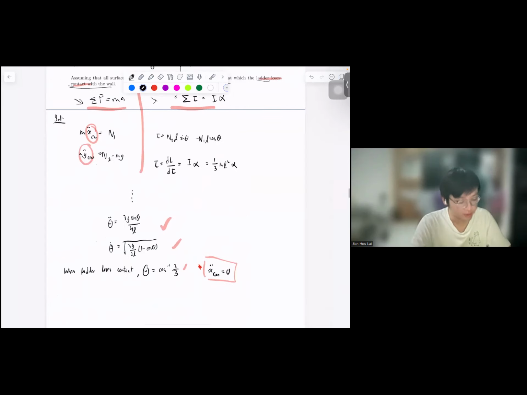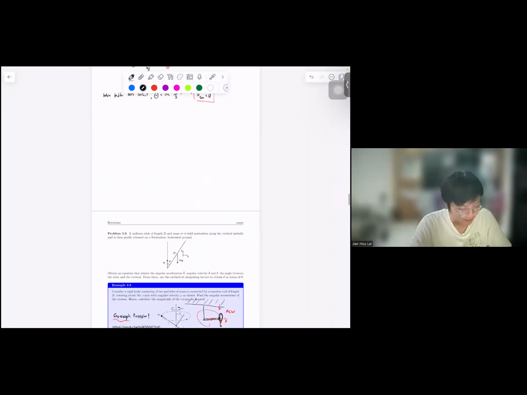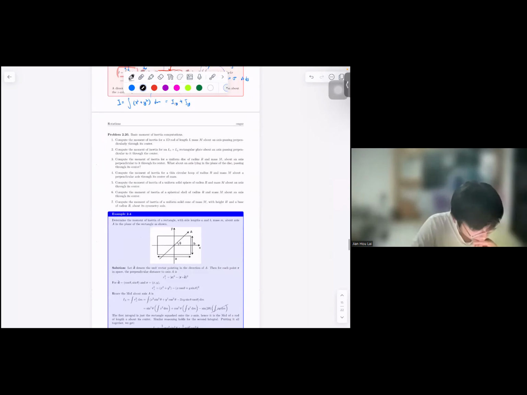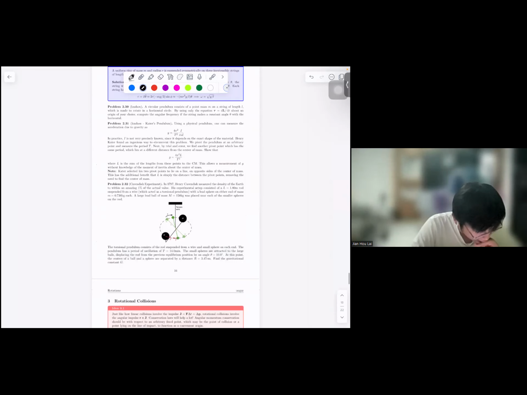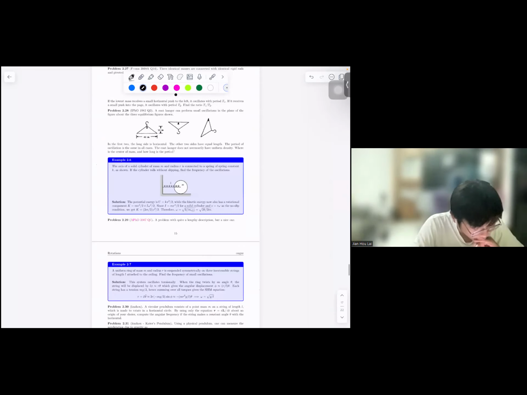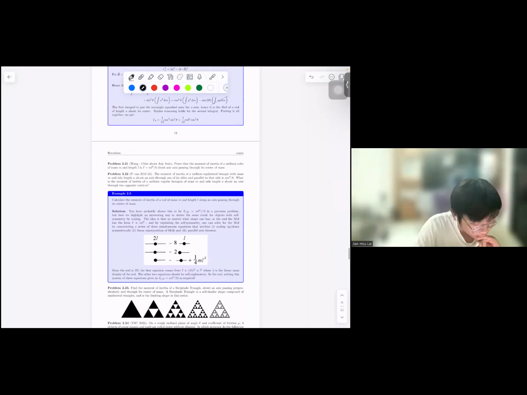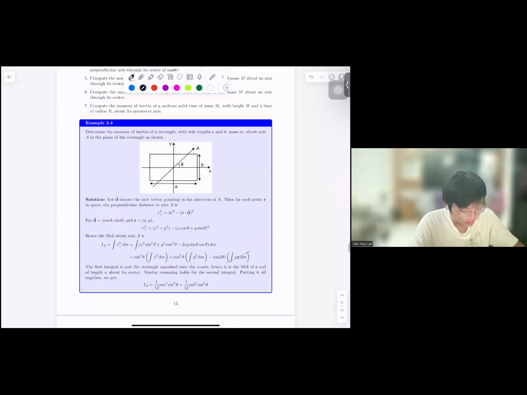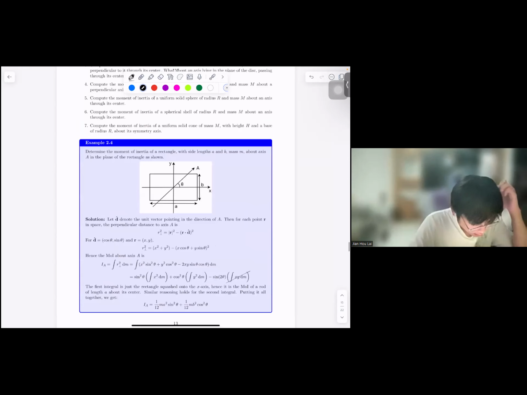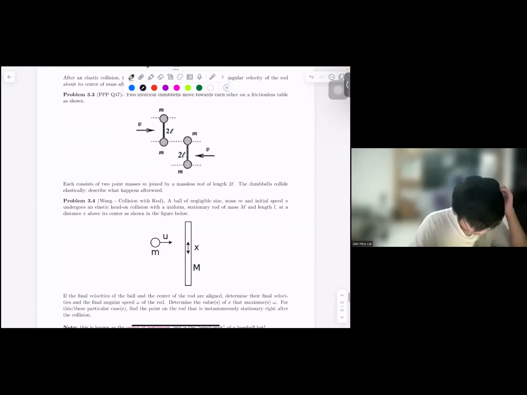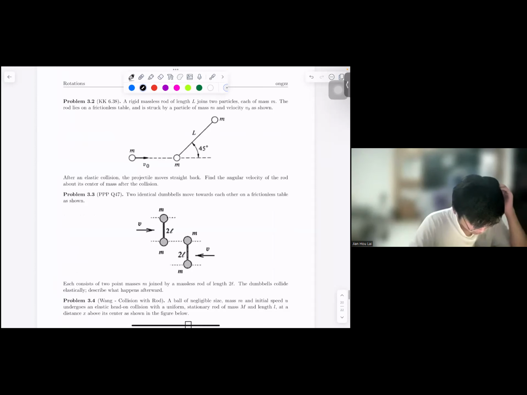Okay, so yeah, I think the others you can try out with this, or the example you can see while trying to solve the problems.